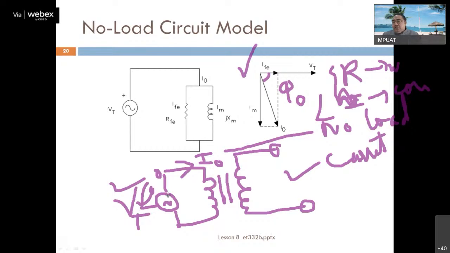This angle is your phi naught, the angle between the applied voltage and the no load current, the no load phase angle. Now I will decompose this current into two components.